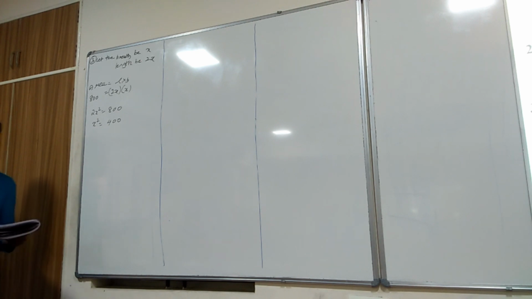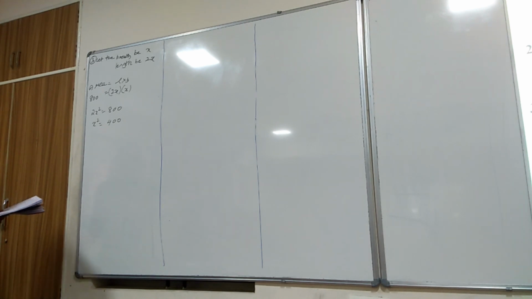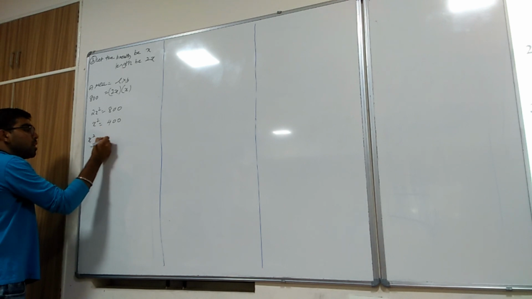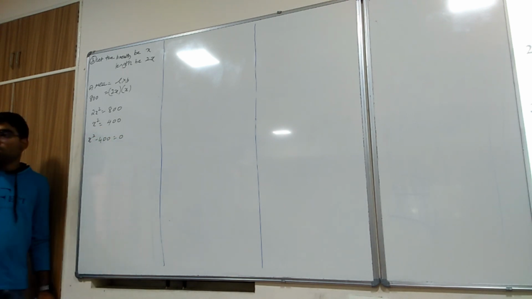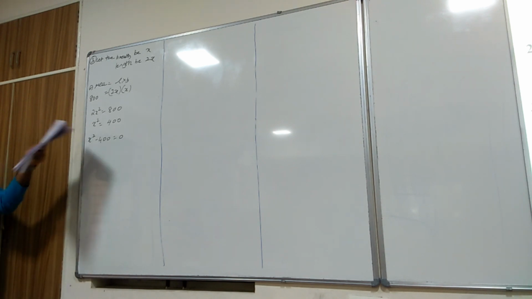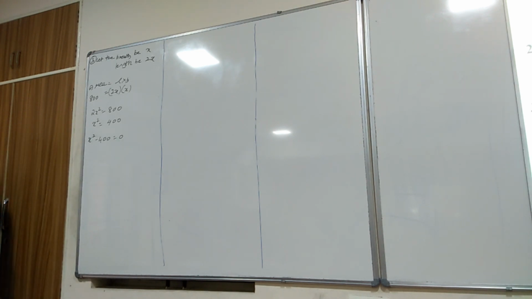Okay. So x square minus 400 is equal to 0. Quadratic equation. If it were linear it would have come differently, but this is quadratic. Clear?